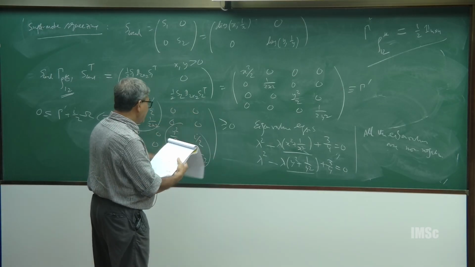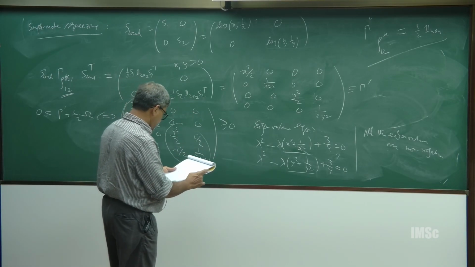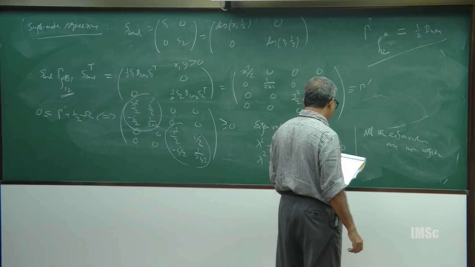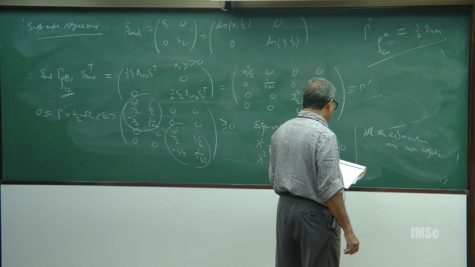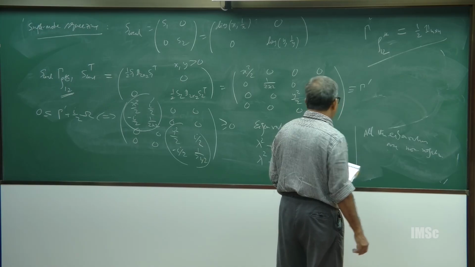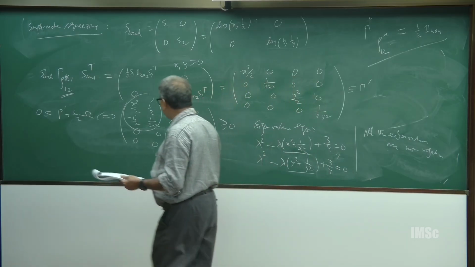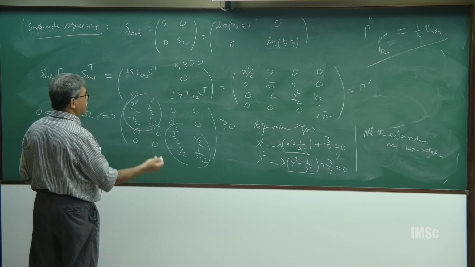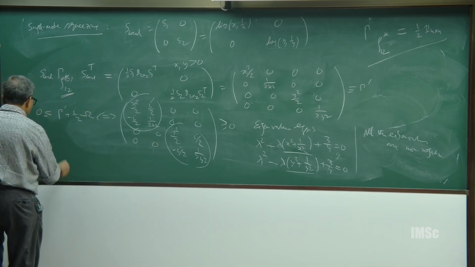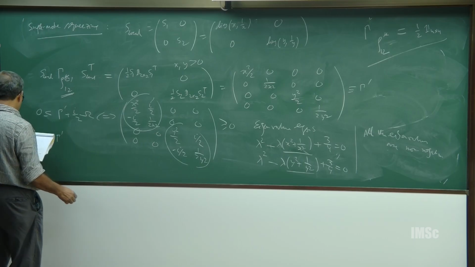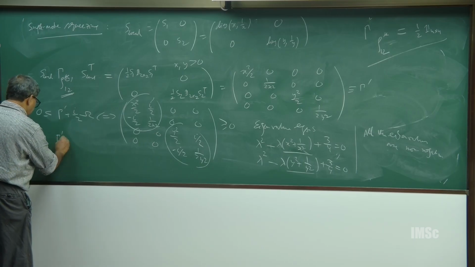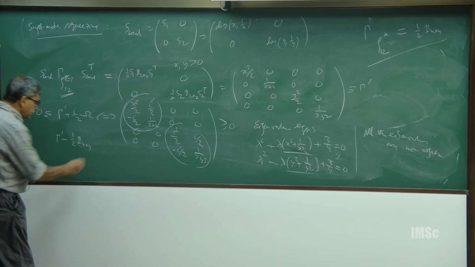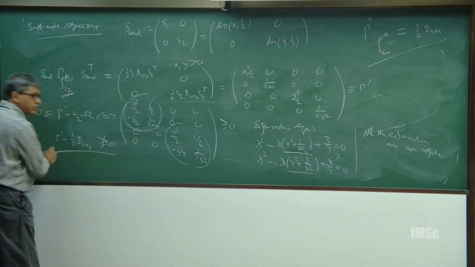Now, of course, you can verify, and this is not difficult to show, that gamma prime minus half identity 4 cross 4 is not greater than or equal to 0.